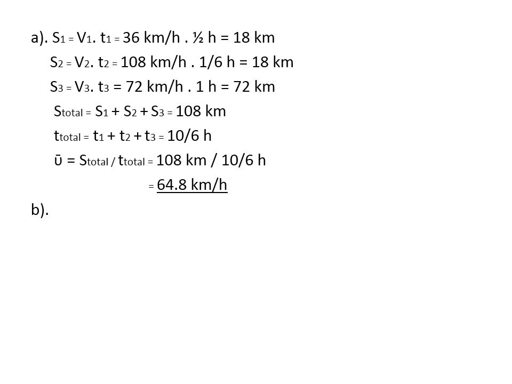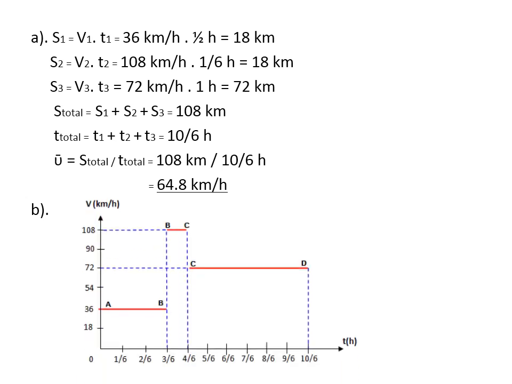graph of average velocity. The graph is velocity toward time. The car moves from A to B between interval time 0 hour and 3 per 6 hour with constant speed 36 km per hour. And the car moves from B to C in time interval between 3 per 6 hour and 4 per 6 hour.